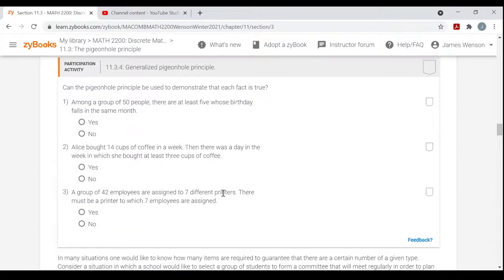All right, so let's think. Can this pigeonhole principle be used to demonstrate that each fact is true? Among a group of 50 people, there are at least 5 people whose birthdays fall in the same month. I'll draw a little picture where I'm setting up a function.